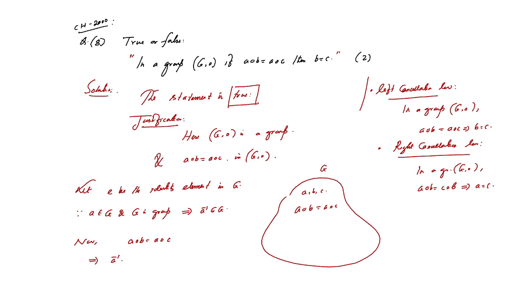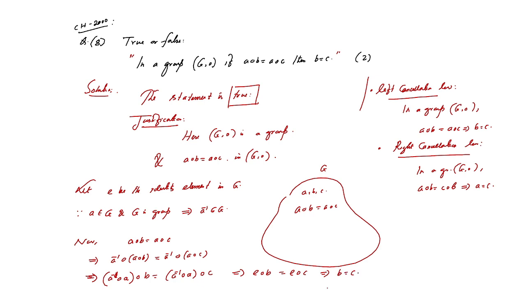So that implies A inverse naught A naught B equals A inverse naught A naught C. Now, you know in a group, the associativity law holds. So (A inverse naught A) naught B equals (A inverse naught A) naught C. And from that we can write E naught B equals E naught C. From that we can write B equals C.